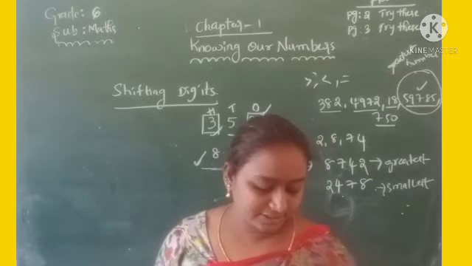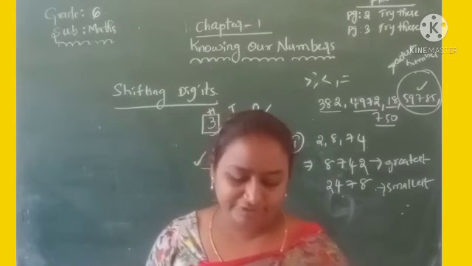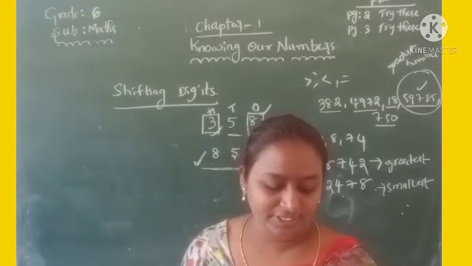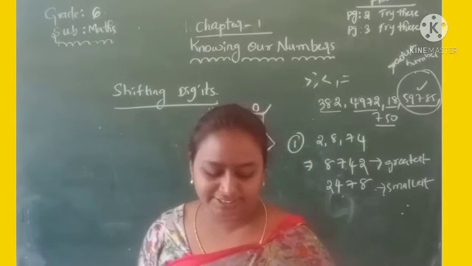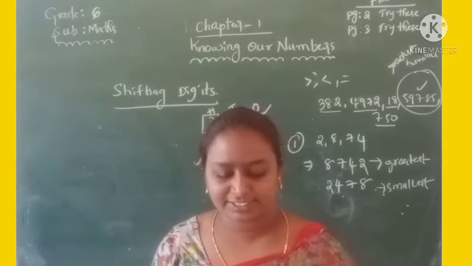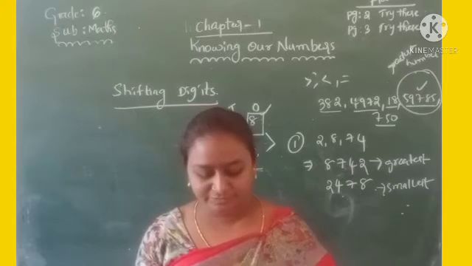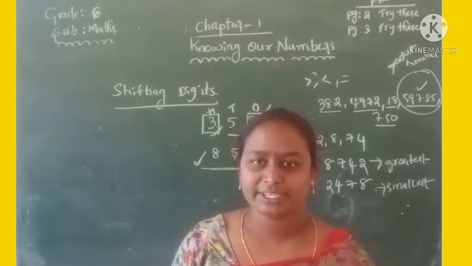And next come to page number 5. Arrange the following numbers in ascending order. Ascending order means arrangement of the numbers from smallest to greatest.